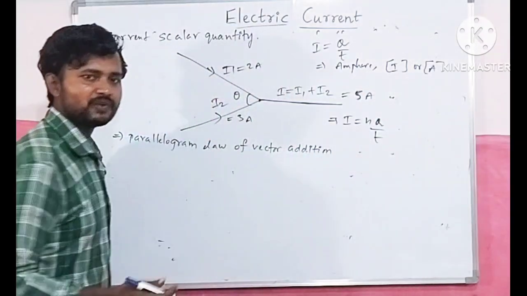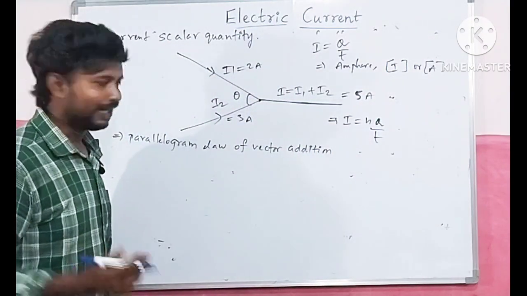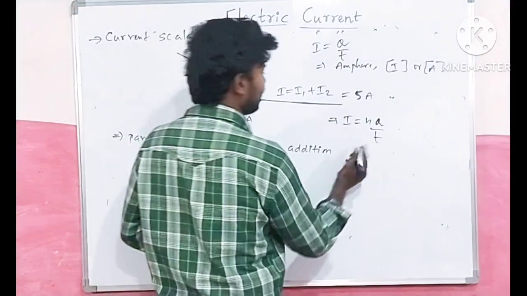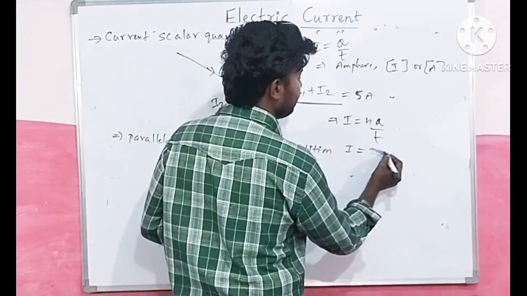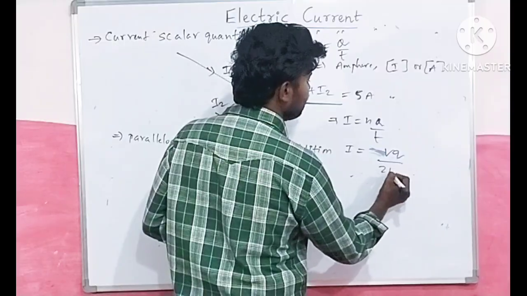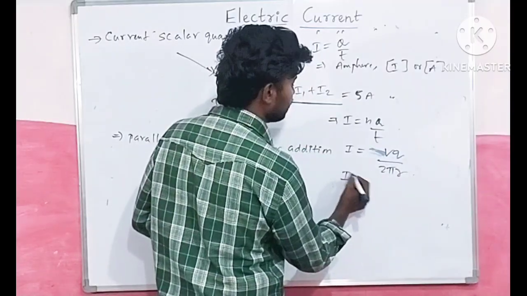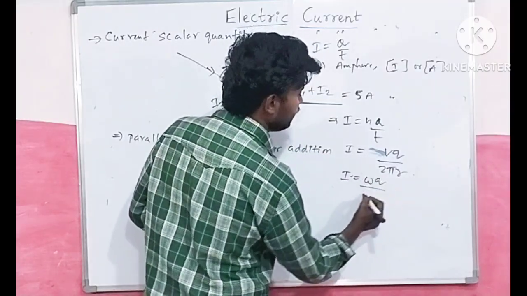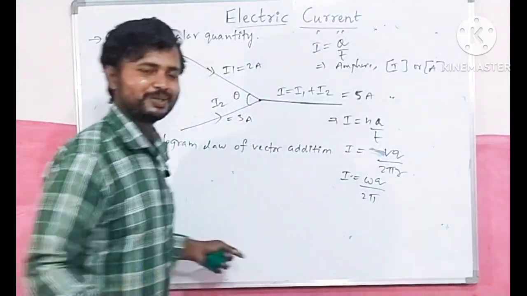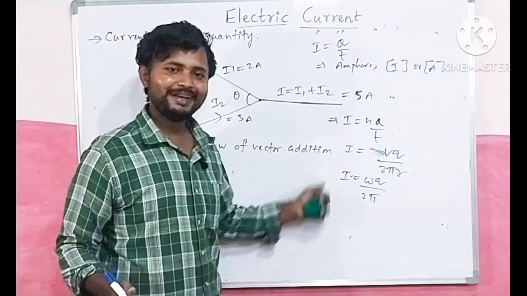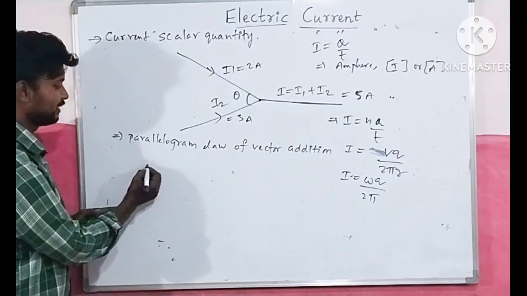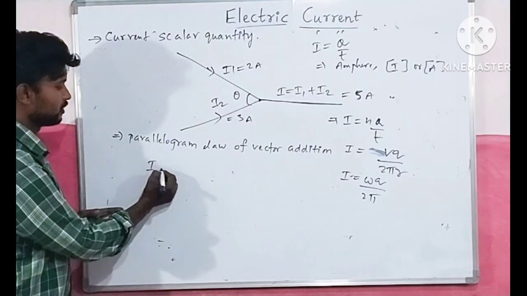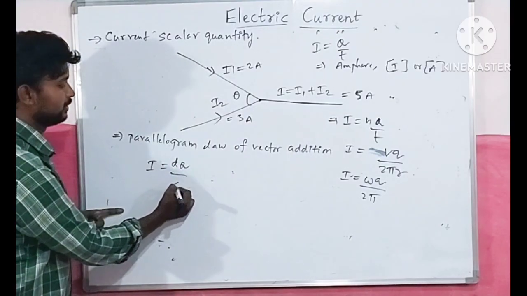If the charge is flowing in a circular path, the current I equals vq by 2 pi r, or current I equals omega q by 2 pi. Next, instantaneous current I equals dq by dt.